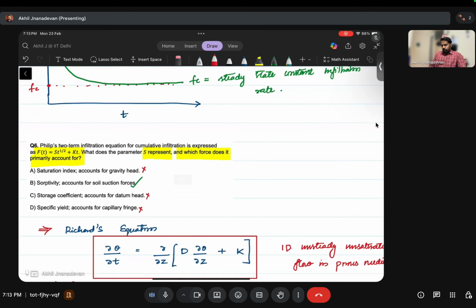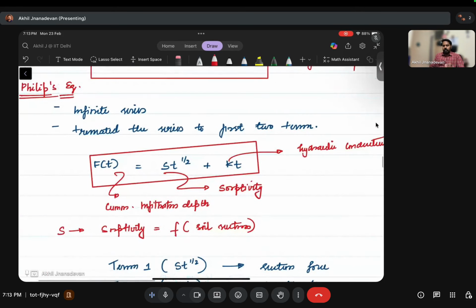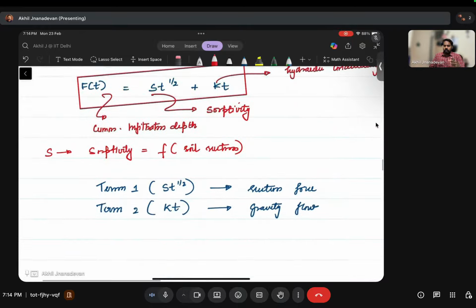So basically, the analytical theoretical solution given by Philip has two terms. First is the suction force term, and second is the gravity force term. During a rainfall process, when the infiltration starts, the suction forces will be dominant, the first term. Later on, as time proceeds, the infiltration will happen due to the head difference, and then the dominant one will be the gravity force.